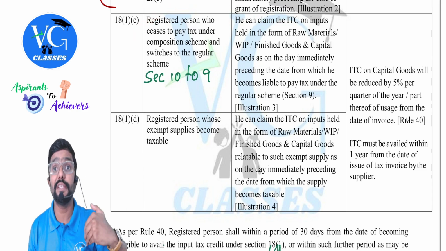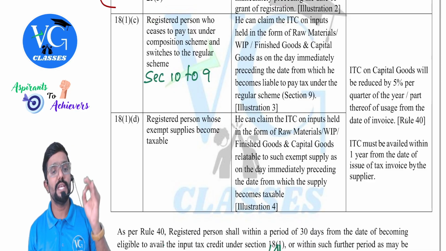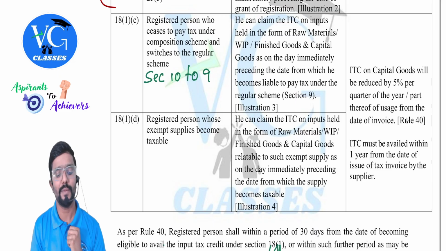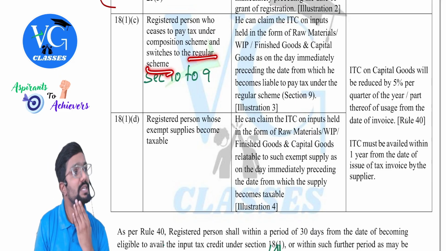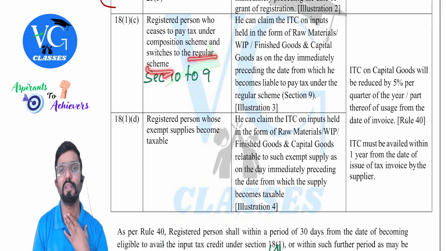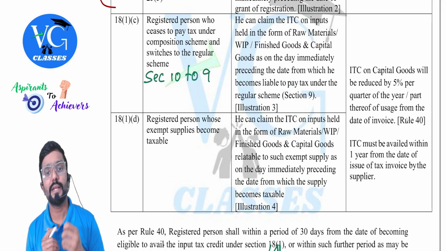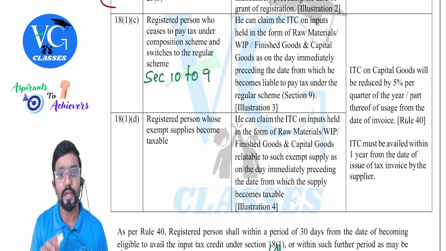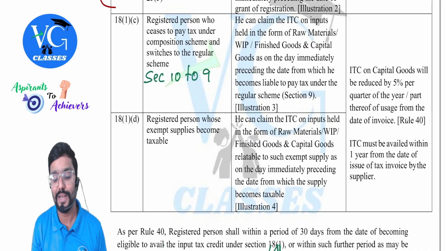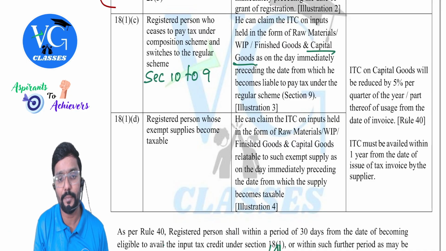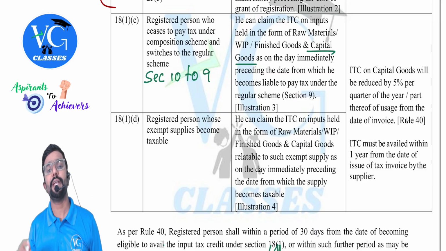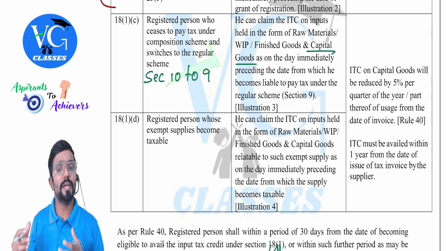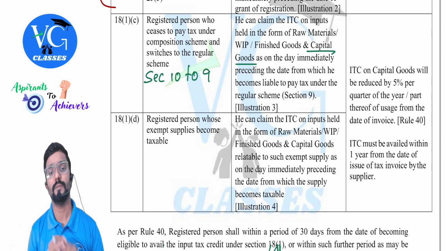Registered person means I am already registered. Yes. Who ceases to pay tax under the composition scheme and switches to what? Regular scheme. Guys, regular scheme means which scheme? Section 9. He can claim the ITC on the inputs held in the form of raw material, WIP, and finished goods, as well as, guys, this is special, capital goods, as on the day immediately preceding the date from which he became liable to pay tax under the regular scheme, section 9.